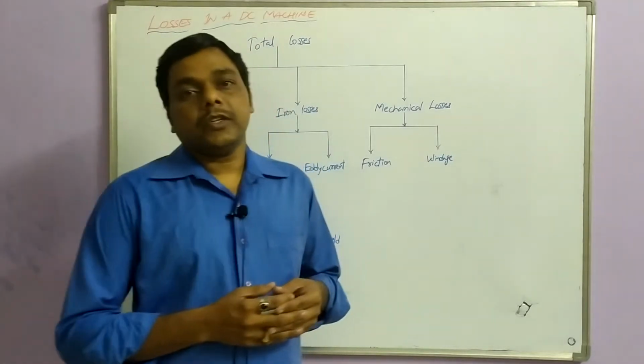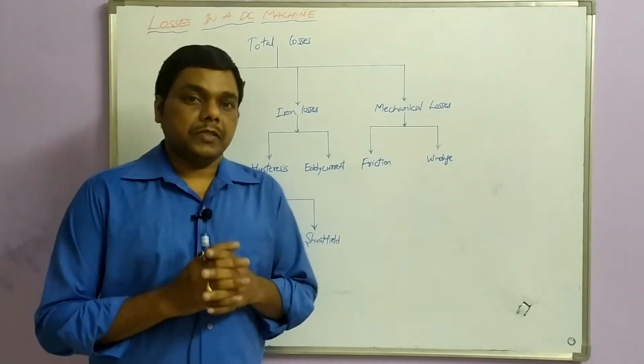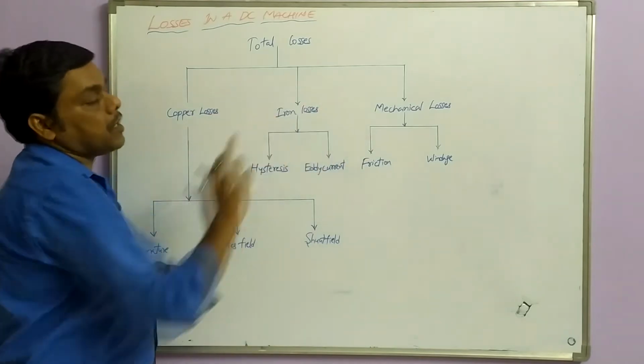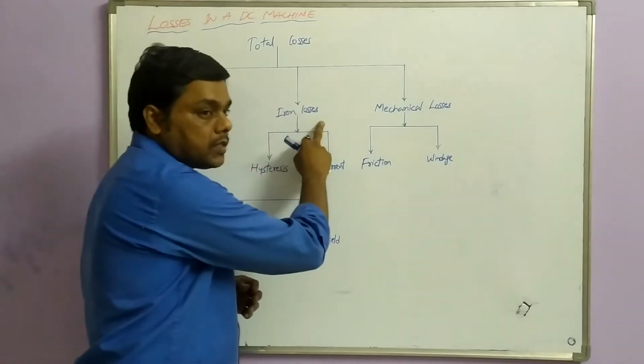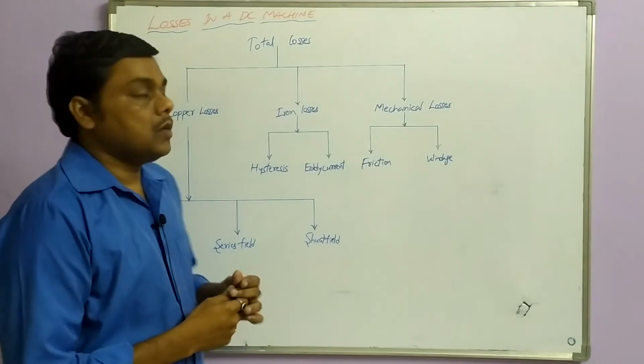Today in this lecture we are going to discuss types of DC machine losses. Basically DC machine losses are three types. First one is copper losses, second one is iron losses, third one is mechanical losses.